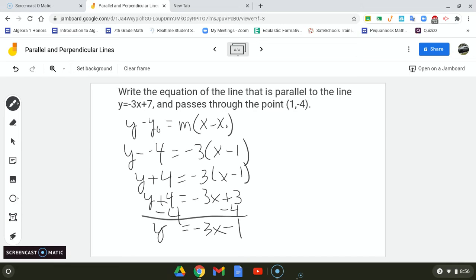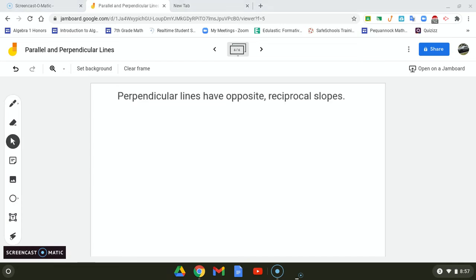The first slide we did, we talked about perpendicular lines, and we know that they form right angles. But perpendicular lines have to have opposite reciprocal slopes, okay? And here's why.